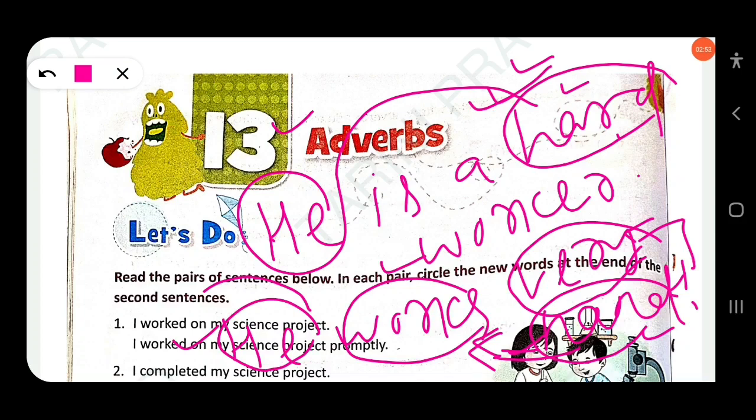I am very happy today. He is too happy. This is an adverb of degree. Clear? So I think you have got the complete difference between a describing word, the adjective, and the adverb. An adjective tells more information about the noun or pronoun, and an adverb tells more information about the verb. Clear?